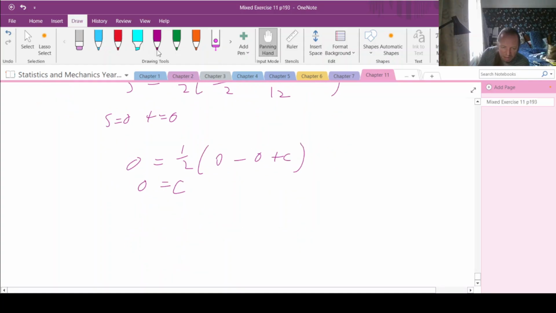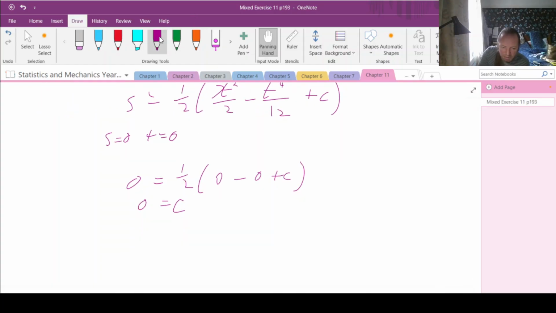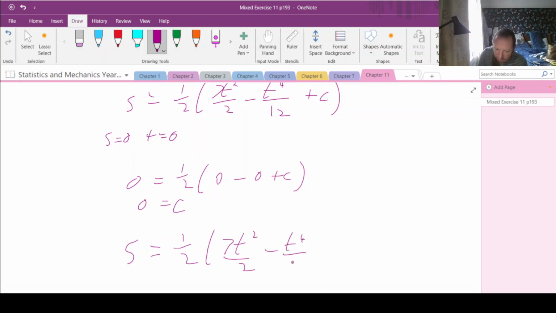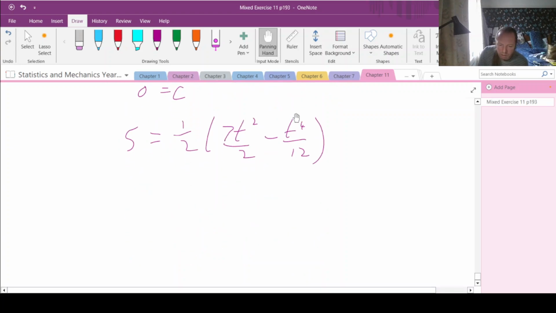So my distance is this one: distance is equal to a half times 7t squared over 2 minus t to the 4 over 12. Not quite what I want, but somewhere close.